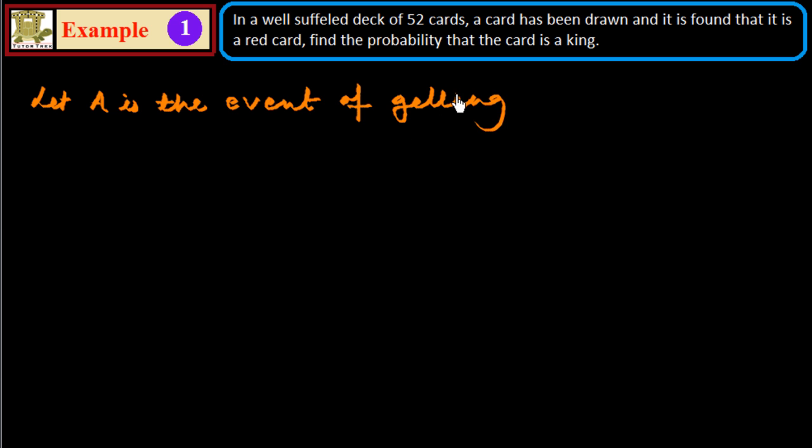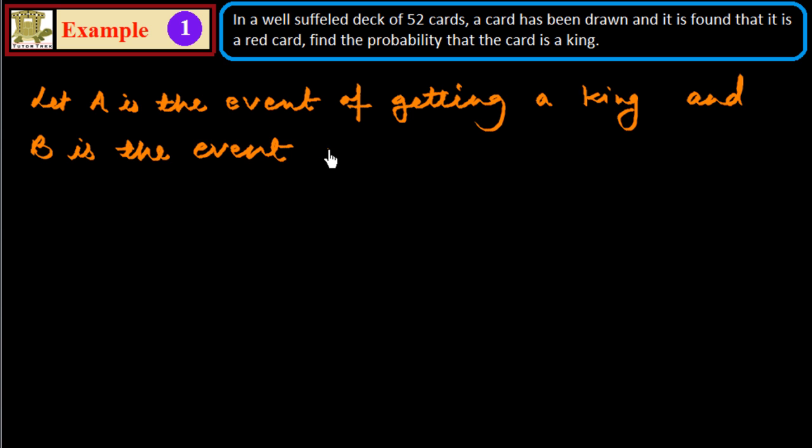So let A be the event of getting a king, and B is the event of getting a red card. Now we simplify this.